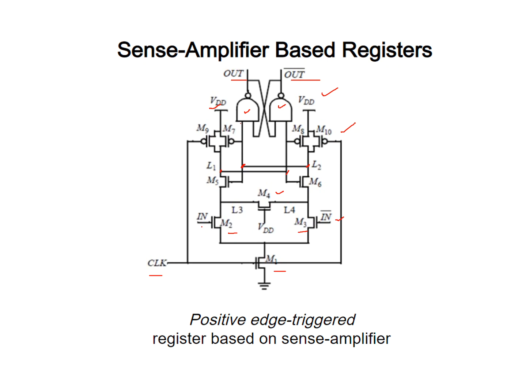Let us see the operation now. Whenever I consider the clock as 0, M9 and M10 are in on condition, which makes L1 and L2 equal to logic 1.